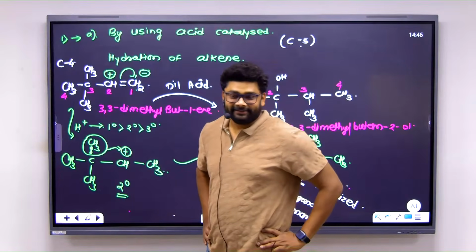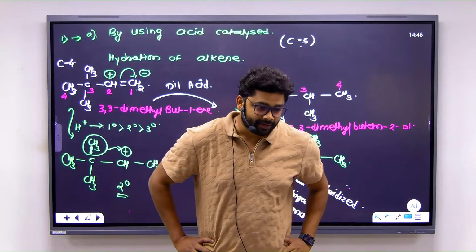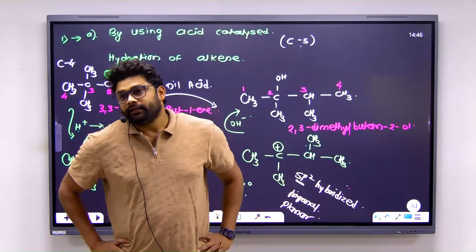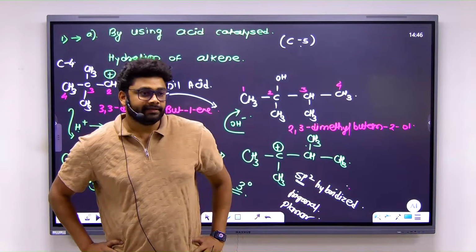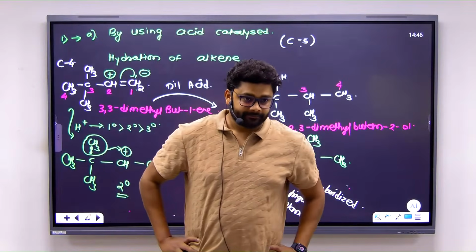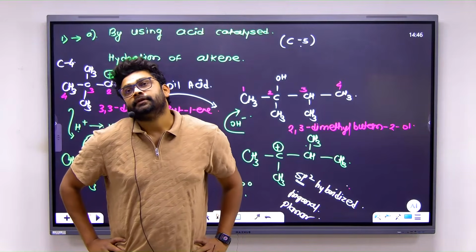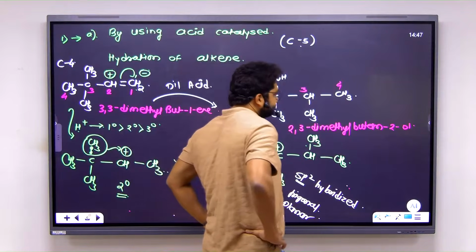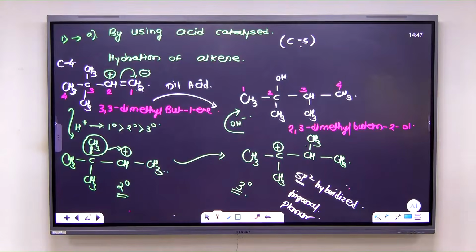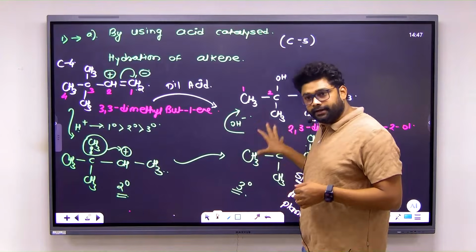When there is a formation of carbocation in any mechanism as an intermediate, because of its flat planar surface, OH minus can attack it from both sides.